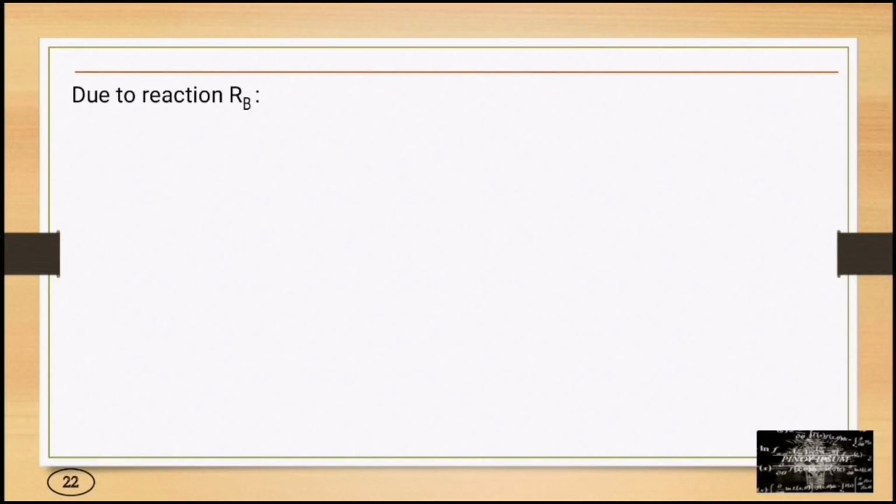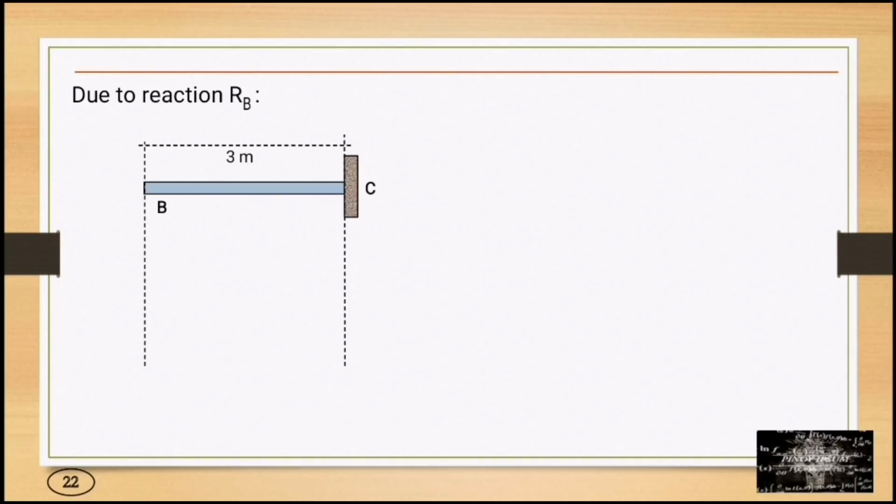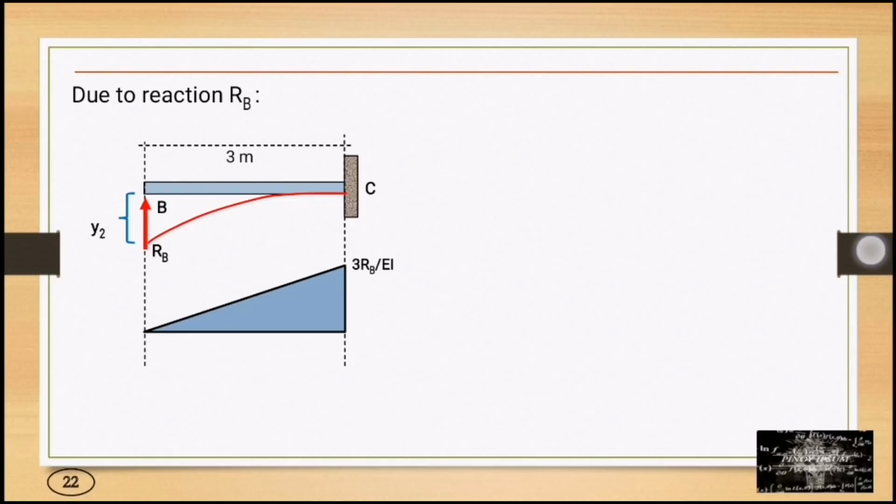Then due to reaction at B, so we have y2, then we have triangle, so we have moment or the resultant moment, so 3 times RB over EI.